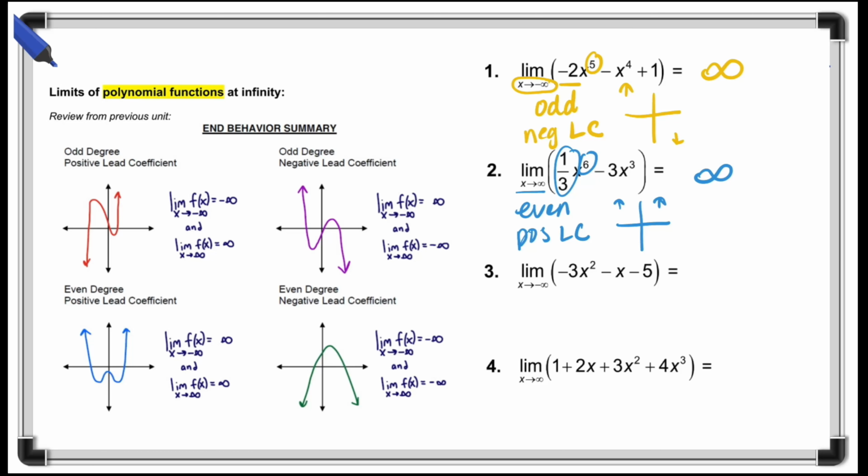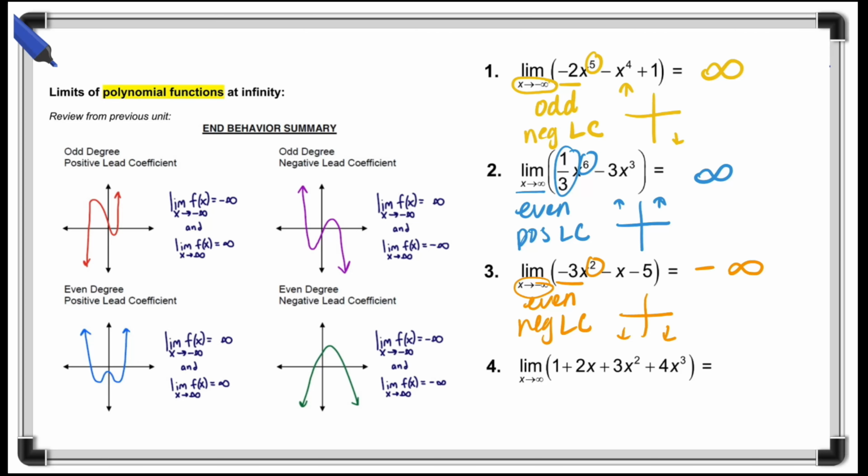In question number 3, you have an even degree as well as a negative lead coefficient. So both of our ends are pointing down. As x approaches negative infinity, the left-hand side of my graph, my function is pointing towards negative infinity.